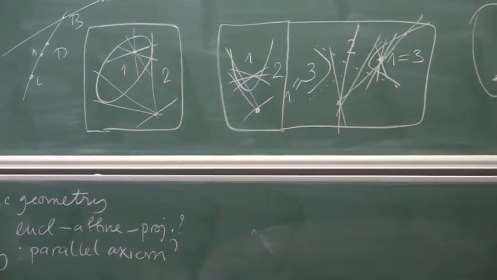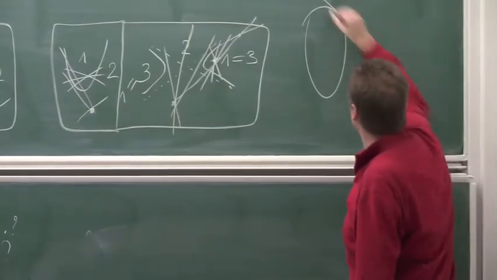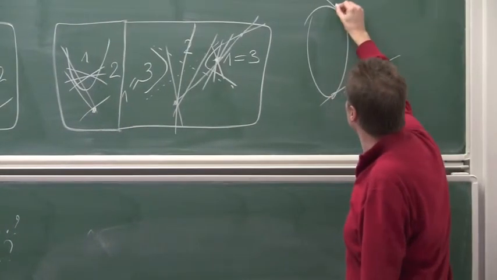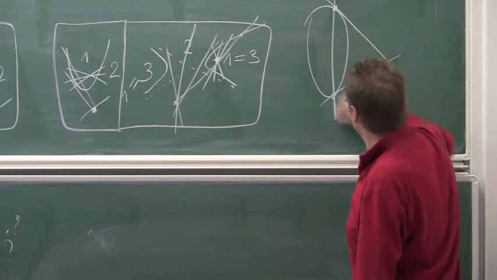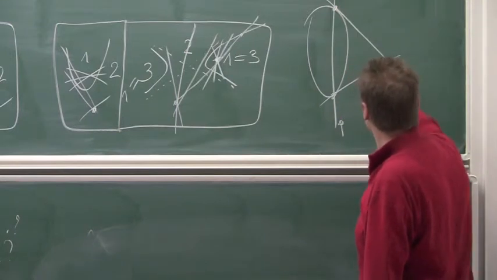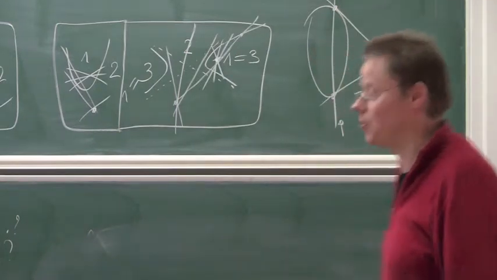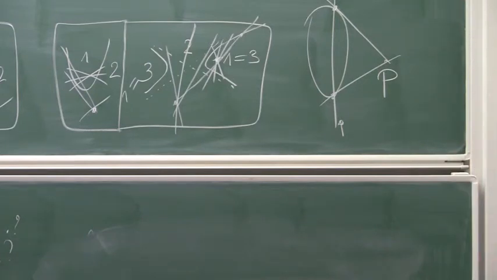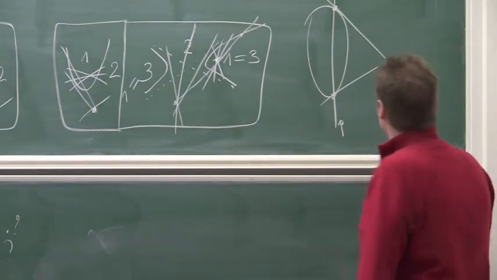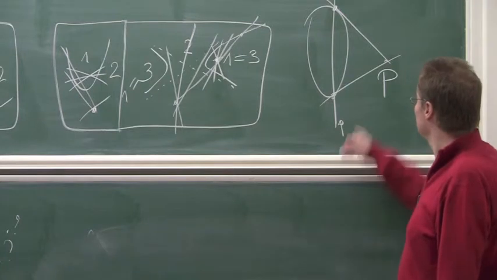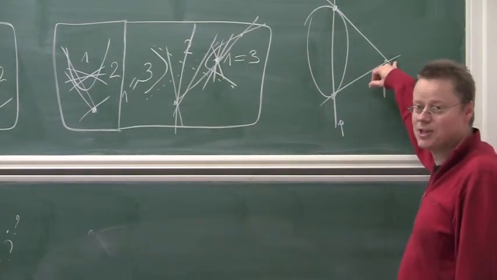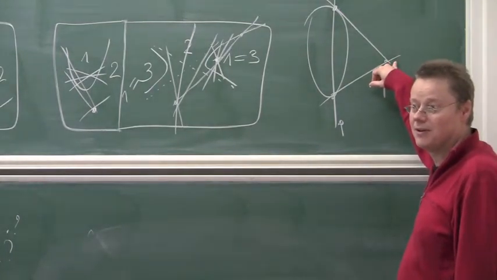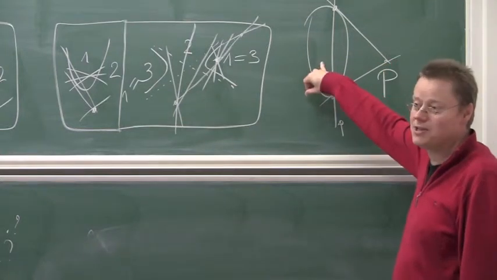I have a conic, I have a point outside, I take two tangents, and then this is the polar line, lowercase p of capital P, of the point P. Now, this is easy if P is an exterior point. It's less easy if P is an interior point.